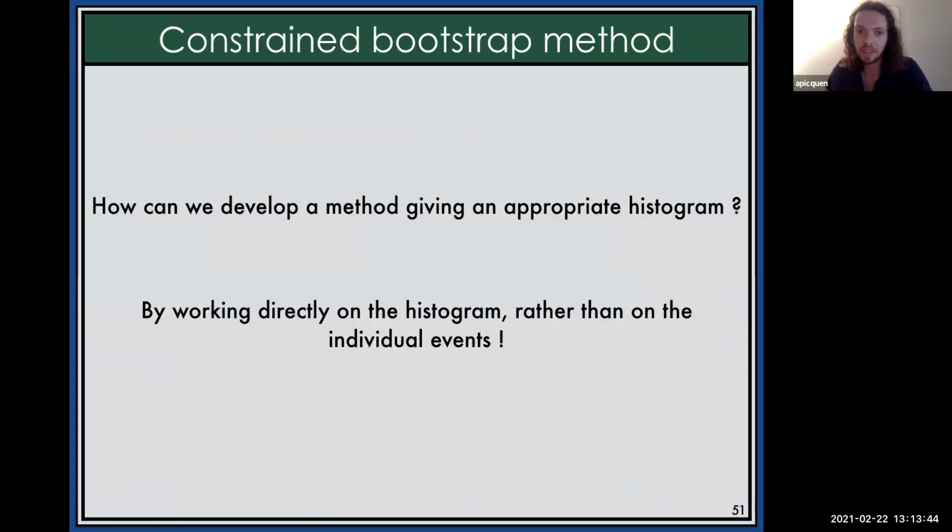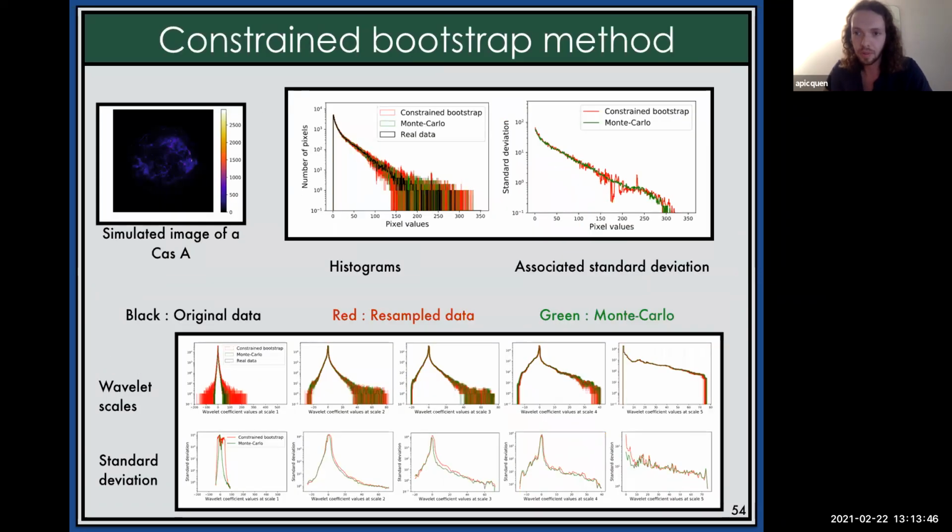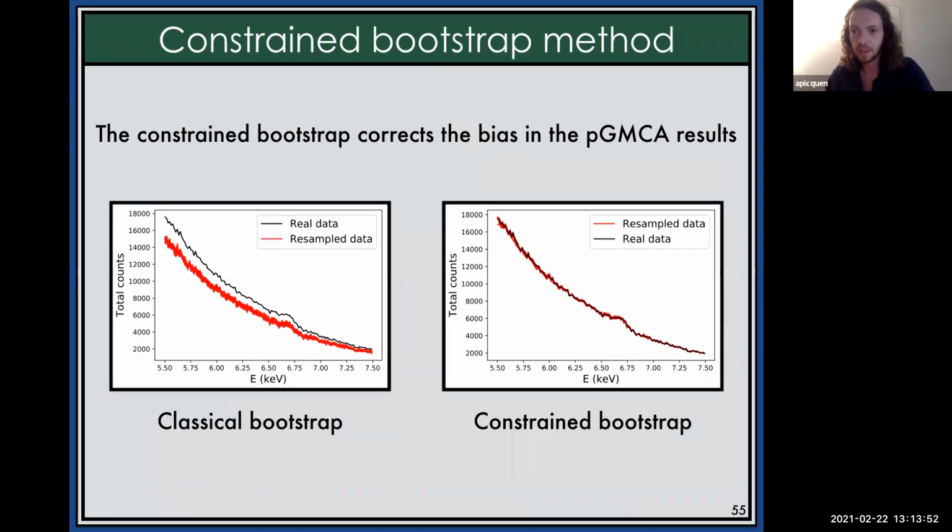But I still think that the bootstrap, or an equivalent with some added constraint, could be an interesting way to find error bars in my case and other similar cases, because finding error bars for that kind of nonlinear estimator is really difficult. And for the PGMCA, we still don't have any clue of how to do it. This is one of the items that we had. Not perfect yet, but I will try to continue.